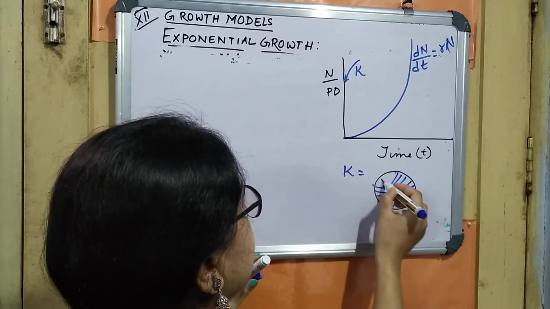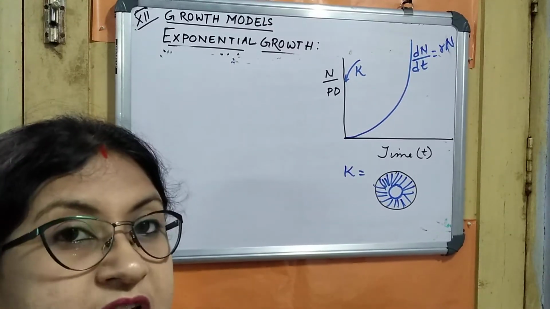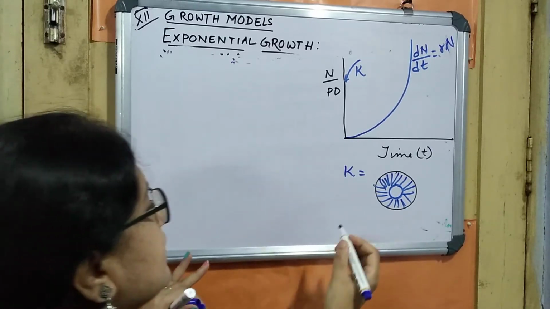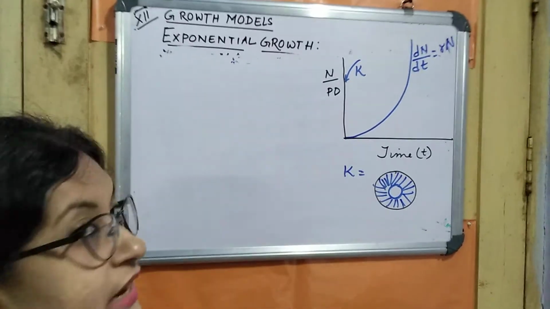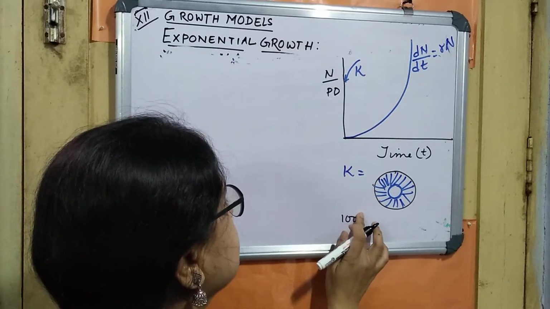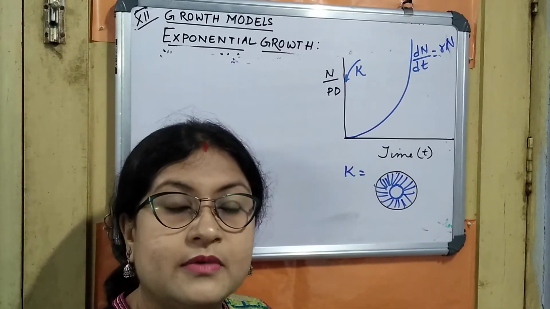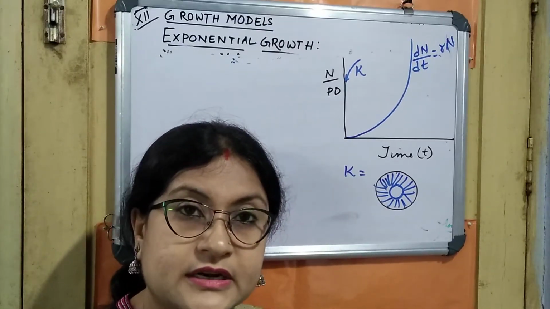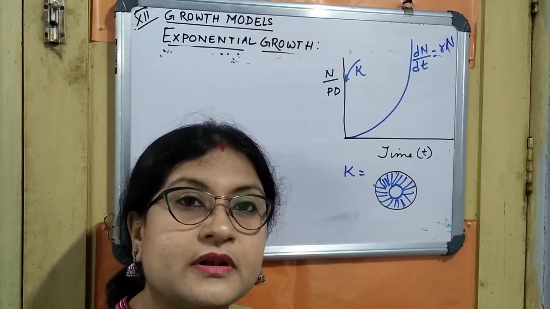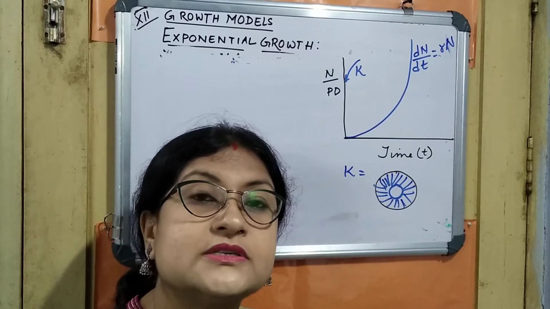Now if the population increases to some extent, the carrying capacity will not be able to support that population, right? Let me give you a very simple example from our life. Suppose I am alone in my home, or there are 3 members at my home, right? Now all of a sudden, suppose 20 people come to my home saying that they are not getting a place to stay.